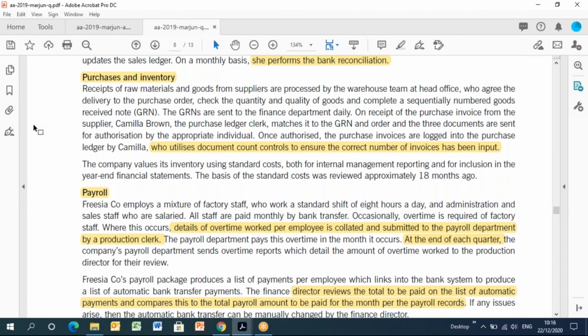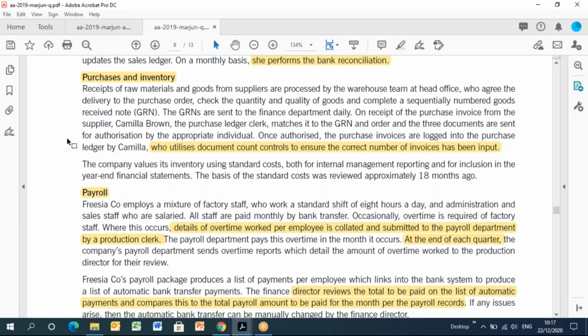Now, if we move on to the purchases, it explains how the invoices are matched to the goods received note by the purchase staff who work in the accounts department. And then it says in here, once they're authorized, the purchase invoices are lodged into the purchase ledger by Camila, who utilizes document count control to ensure the correct number of invoices have been input.